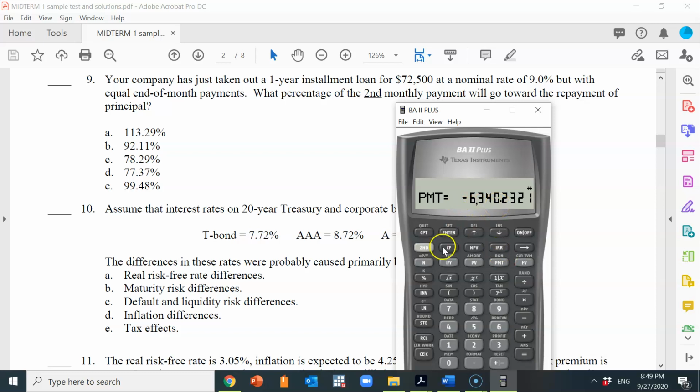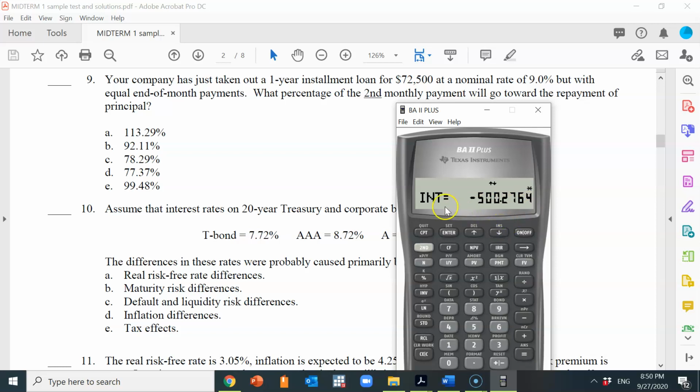Then we can go to second amortization table. We want to know the second month payment, so we change P1 to 2, enter, down button. P2 should also be 2, enter, down button. We know the ending balance of the second month now. We also know the principal payment for the second month, which is 5839.9557.